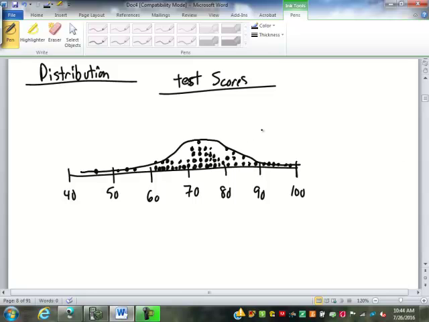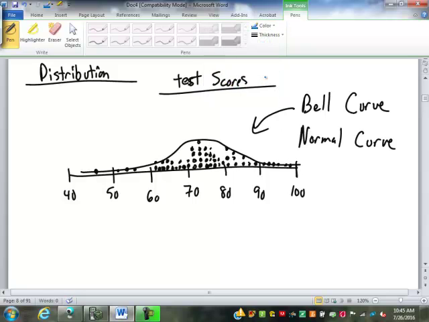And in nature, things tend to form what you've probably heard before as a bell curve. The technical term for that is a normal curve. It's called a normal curve because in nature, that's the shape that data normally takes.